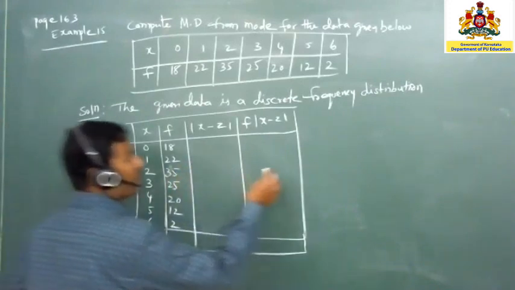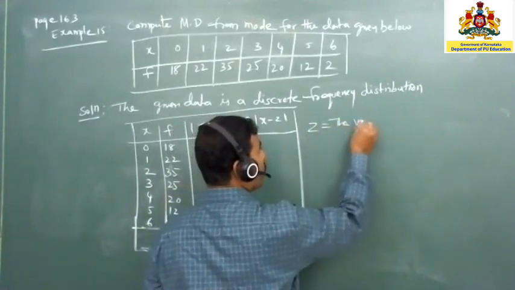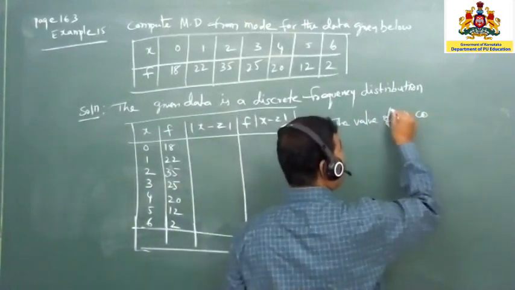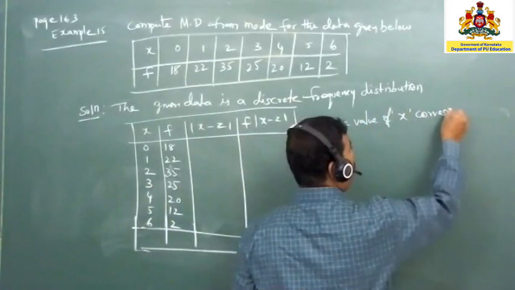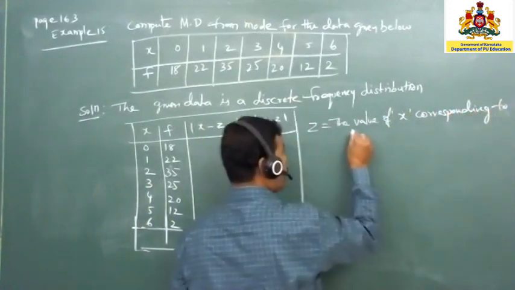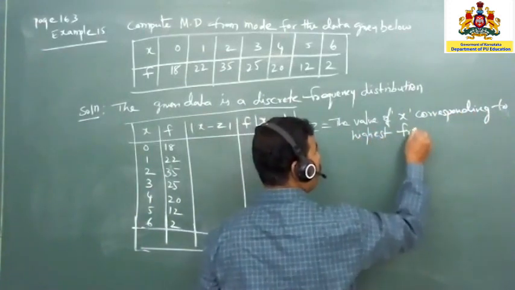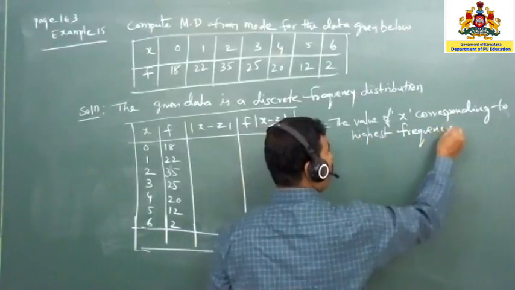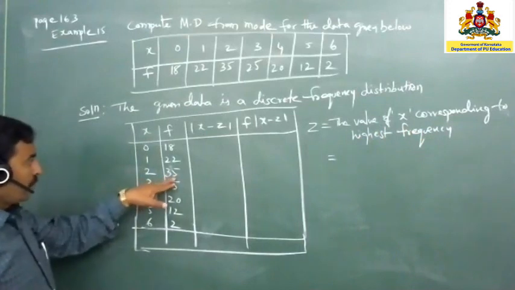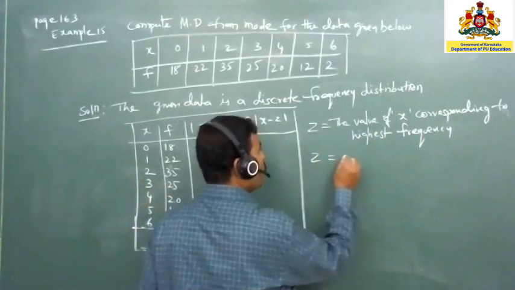First, z for a discrete frequency distribution is the value of x corresponding to the highest frequency. Here the highest frequency is 35, and the corresponding x value is 2, so mode z equals 2.